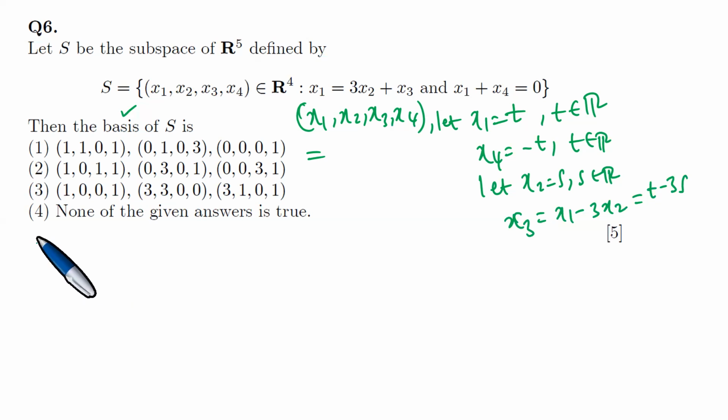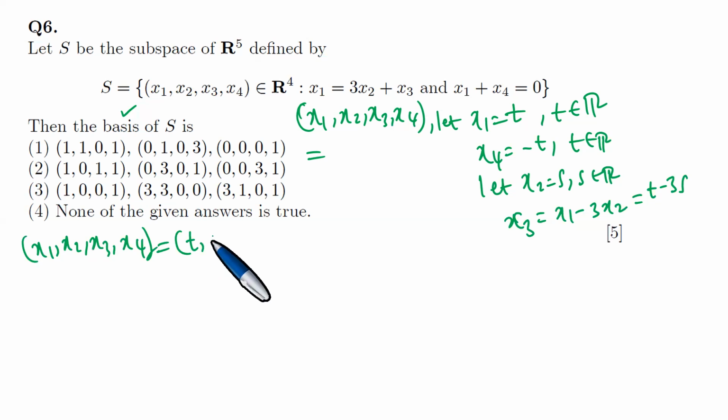Which means you have x1, x2, x3, x4. x2 is s. x3 is t minus 3s. x4 is minus t.